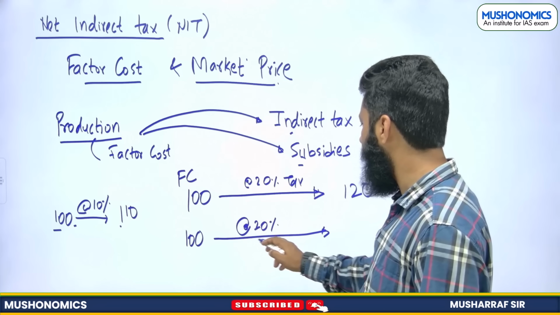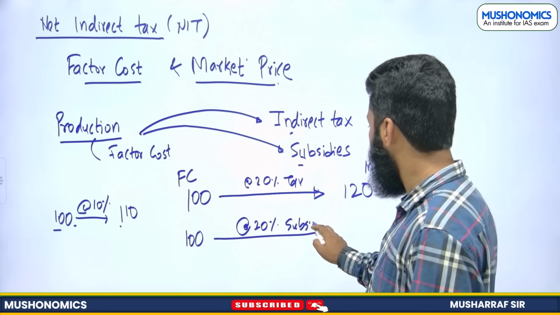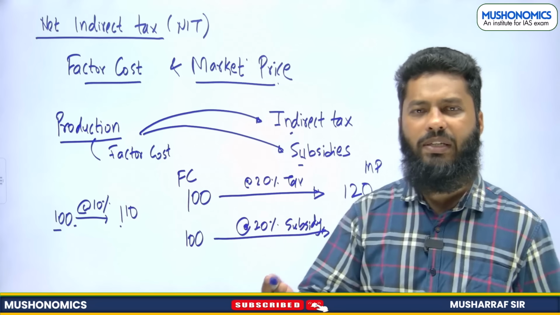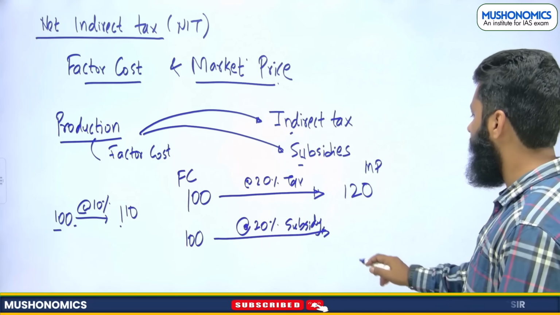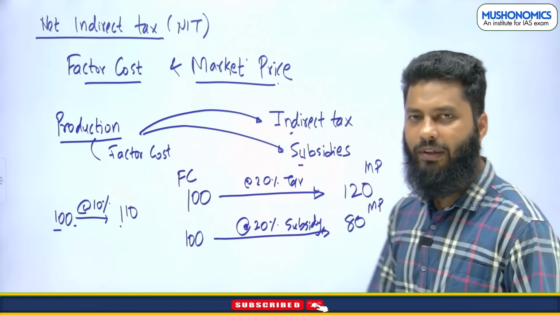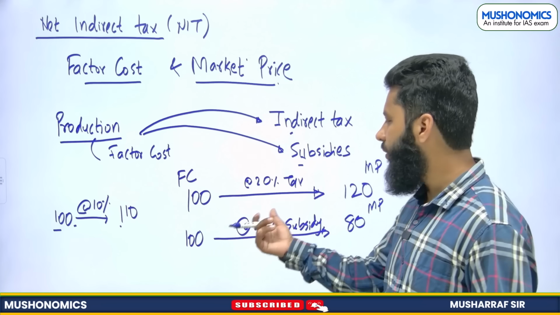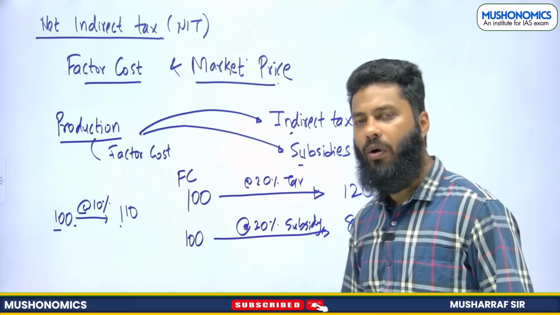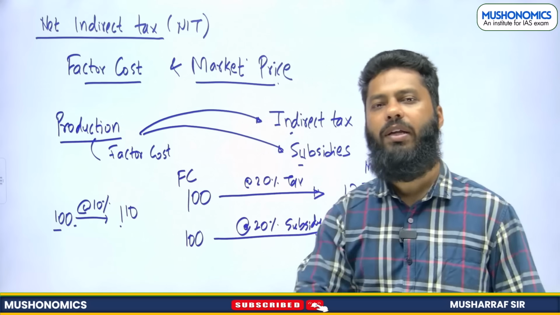When the government is giving a 20% subsidy, the market price will become 80. Factor cost is 100, 20 rupees will be compensated by the government, and the market price will be 80.